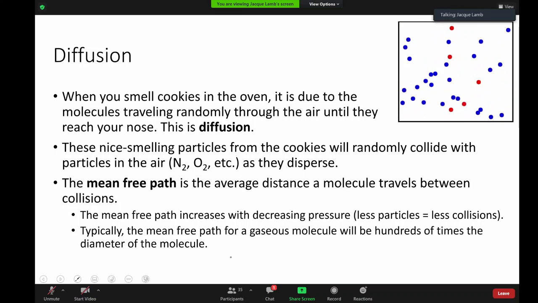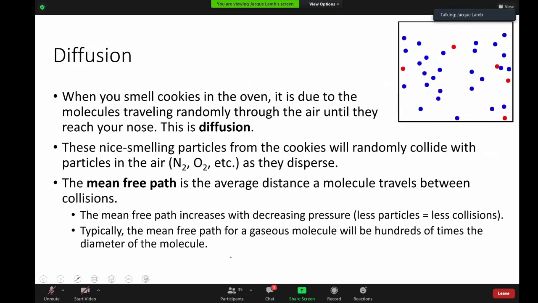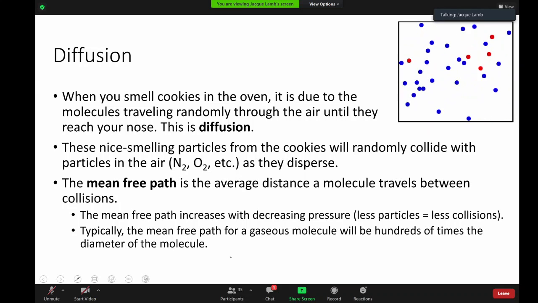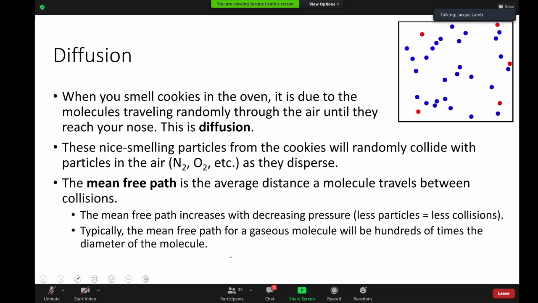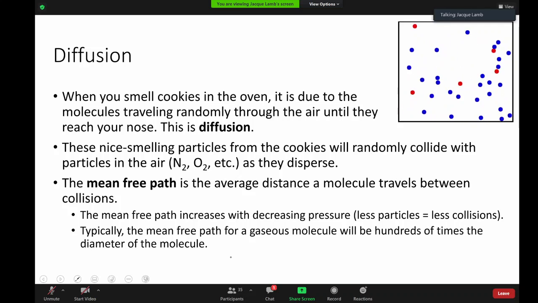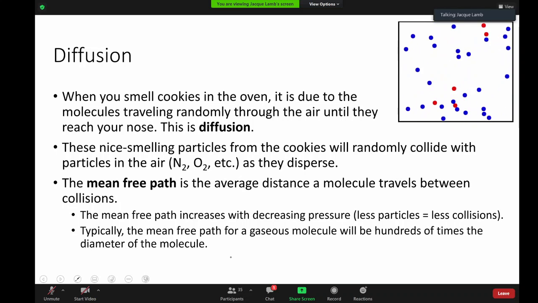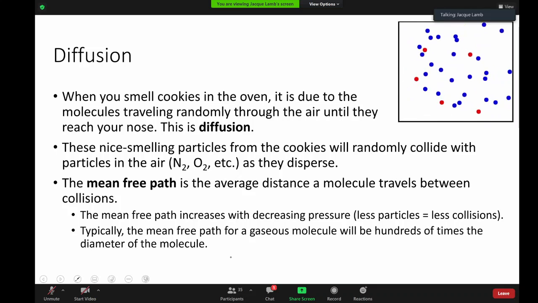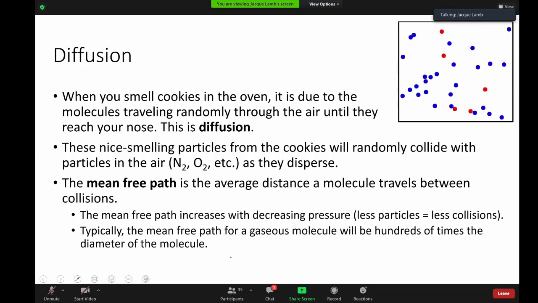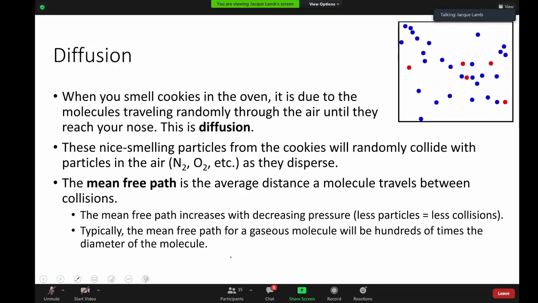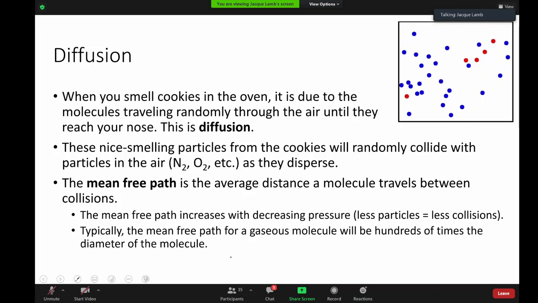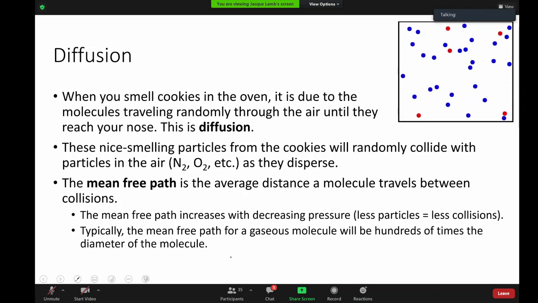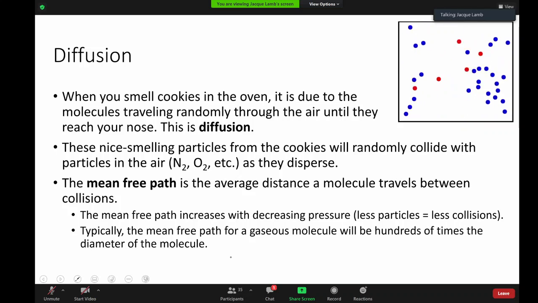The mean free path is a measure of the average distance that a molecule can travel between collisions, so before it bumps into a nitrogen molecule or an oxygen molecule. It should be obvious to you that the mean free path, or the average distance that a molecule can travel, will increase the fewer molecules are present.